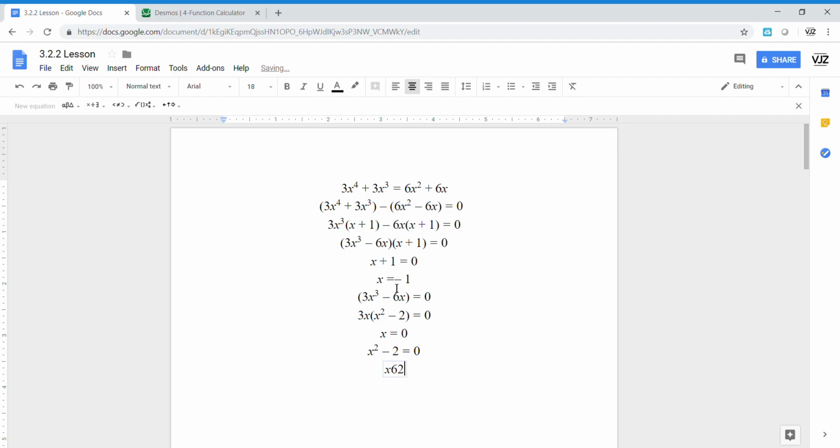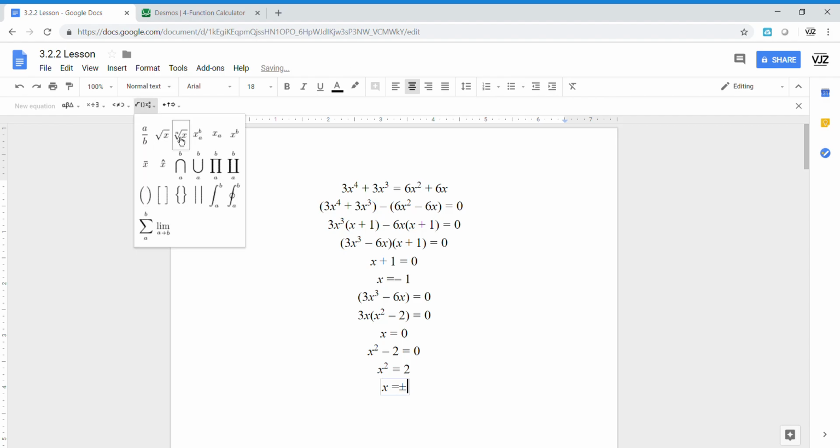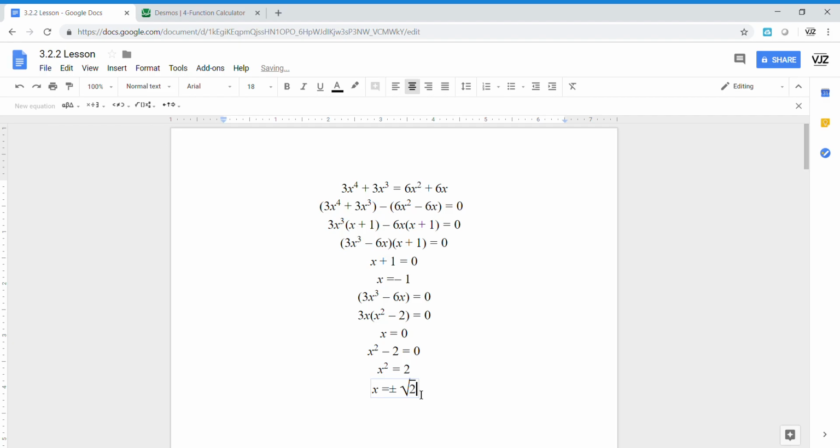We have x squared equals 2, and x just equals plus and minus the square root of 2.